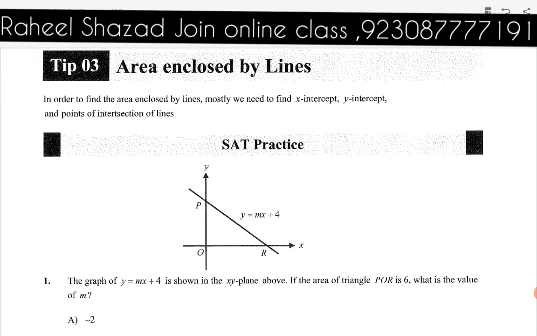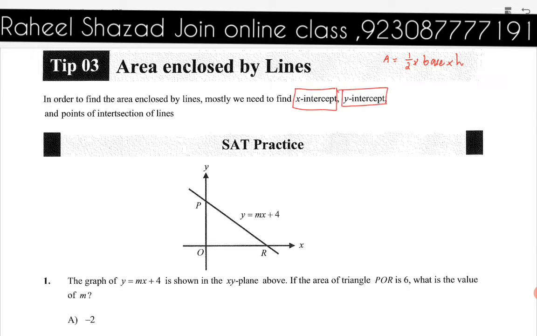Next topic is area enclosed by a line. Okay, we know that for any triangle, area is always equal to 1 by 2 into base into height, right? What you need to understand here is finding the x-intercept and y-intercept.